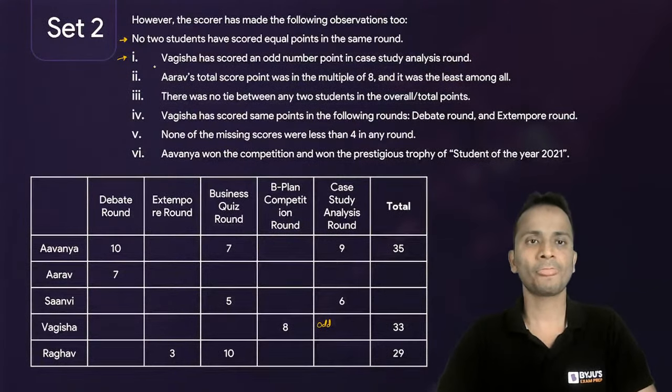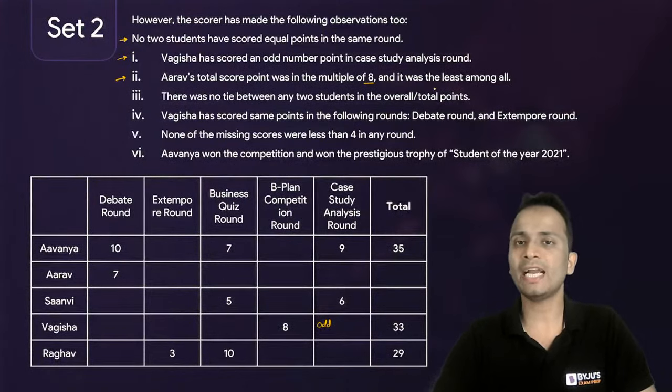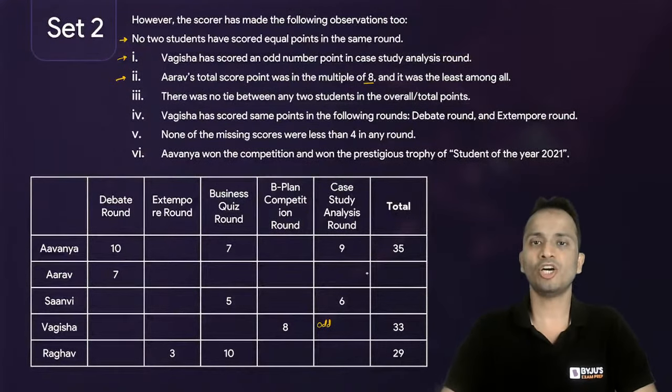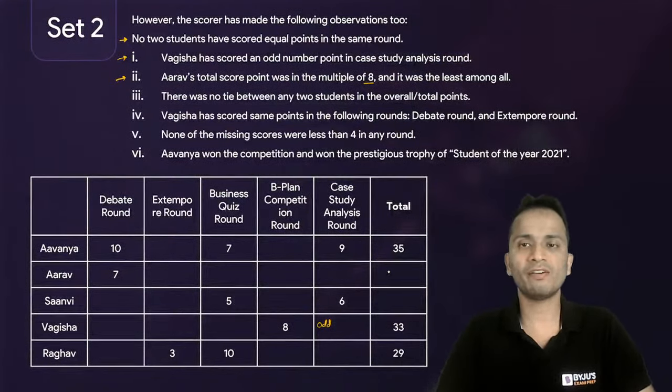Fine. Second point, Arnav's total score was a multiple of 8 and it was the least among all. So total score of Arnav is a multiple of 8 and it has to be the lowest among all of them. Okay. So it should be less than 29.